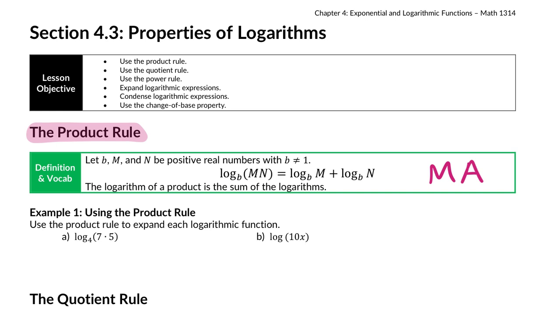So if we are multiplying inside our logarithm, we can separate this or expand this by adding two separate logarithms together. So multiplying becomes adding. That's the product rule.